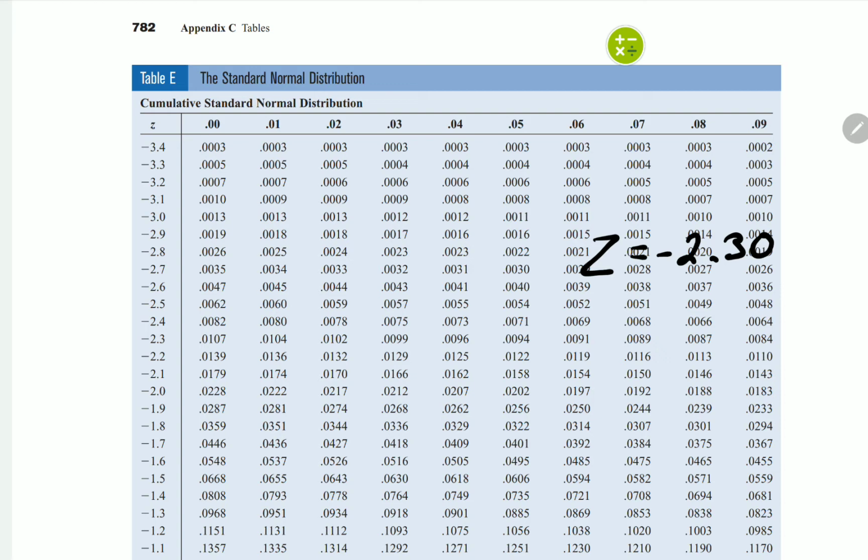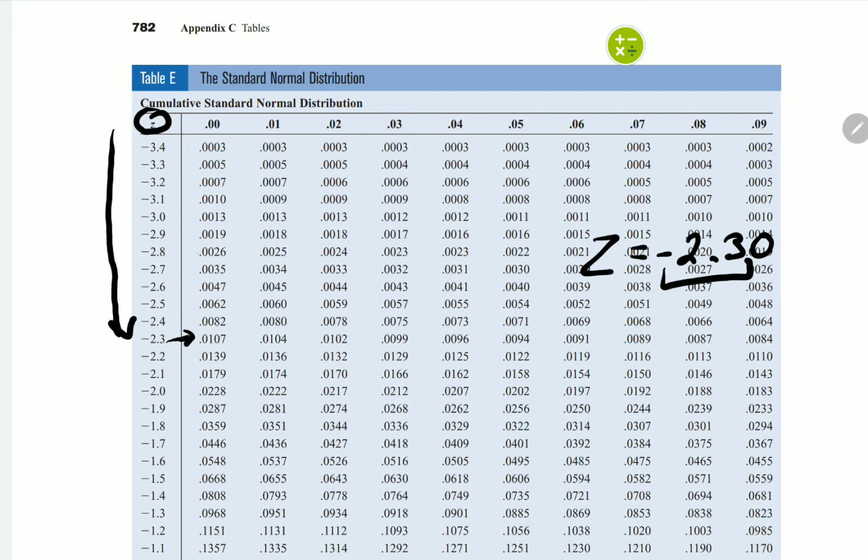And for those who have trouble reading the z-score table, I'm going to briefly go over it. To find that probability or that area, take the first two numbers, which is negative 2.3. Start with the z right here and travel down to negative 2.3, which is right here. Look at the third number. The third number will help you focus on the scale at the top. Since it ends with a 0, you're going to move over until you reach that value.